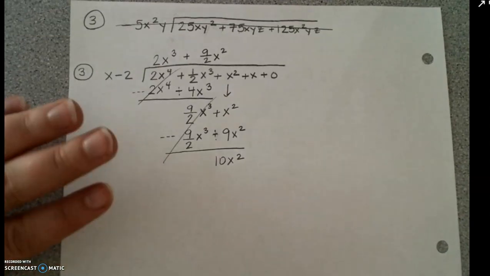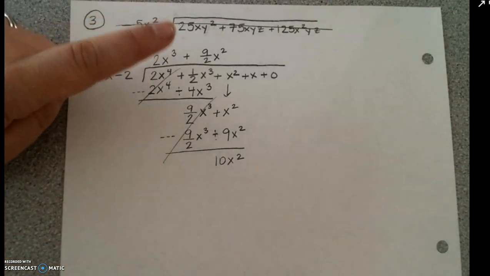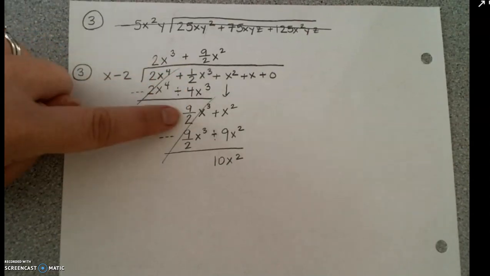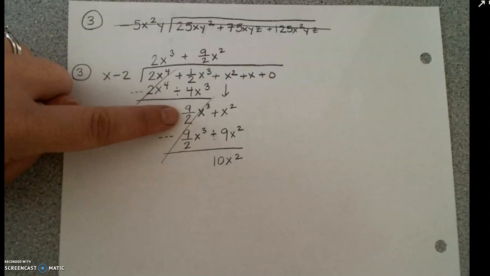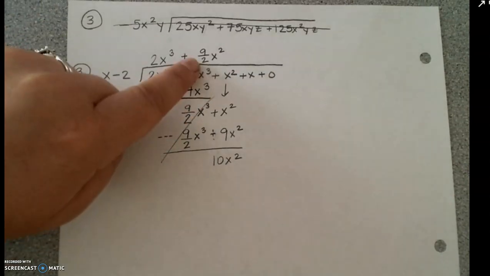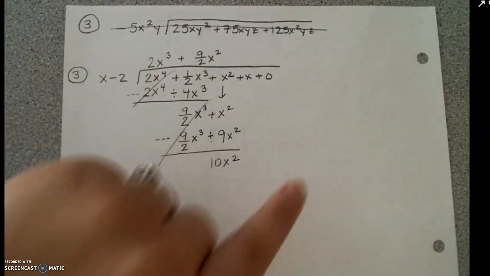Just take a look one more time. I had 1/2 and 4. That makes 4.5, which is 9/2. So to go from x to 9/2 x cubed, I needed 9/2 x squared. And I subtract the whole bottom.